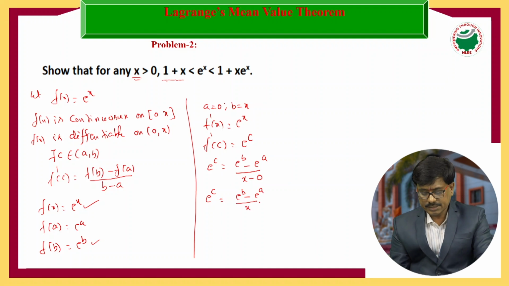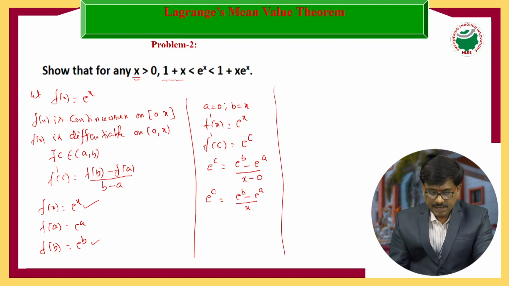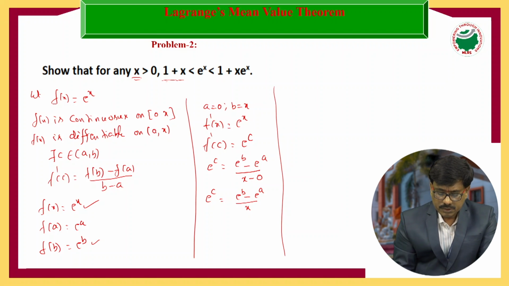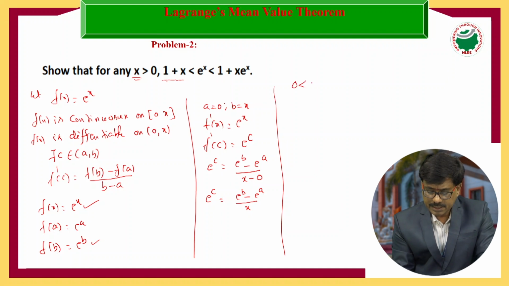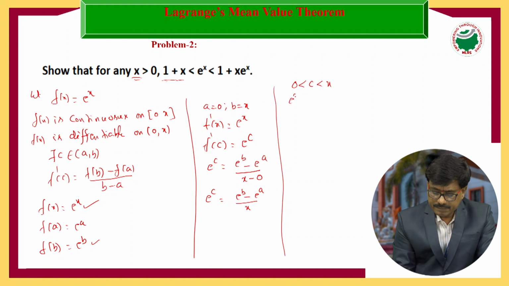This is the condition. We know the c value always lies between a and b. What is the lower limit a value now? 0. So 0 less than c less than x.